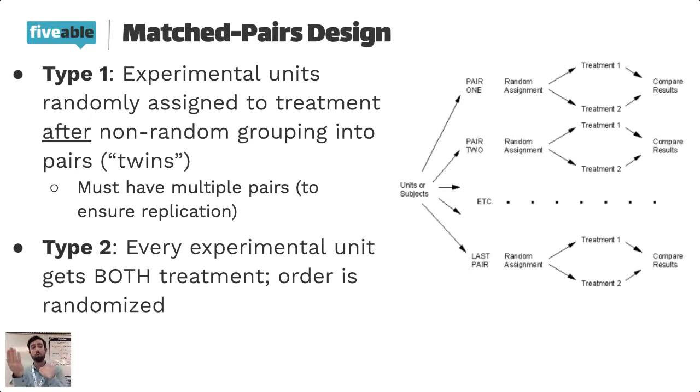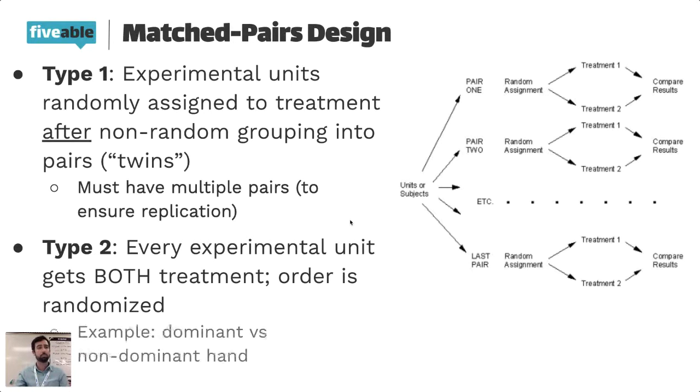I get one boot with the spray, one boot without the spray. And so that allows me to eliminate the confounding variable of what I do for a living. Because maybe I'm going to use my boots more inside than my dad, who's a carpenter, who's going to be using his boots outside. So we want to eliminate that. Dominant versus non-dominant hand, great example.